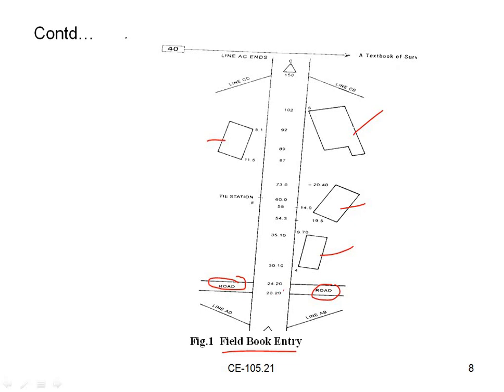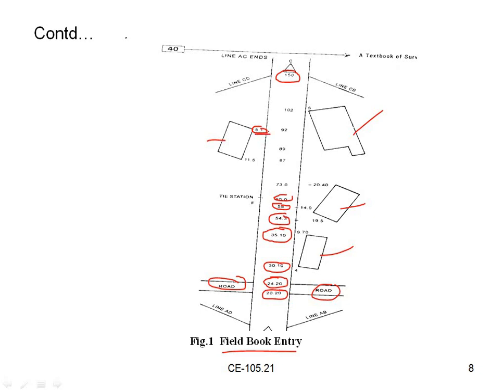Whatever measurements we are taking: 20.20, 24.20, 30.10, 36.10, 54.3, 55, 60. Like that we are taking the chain stones up to the end point of 160.